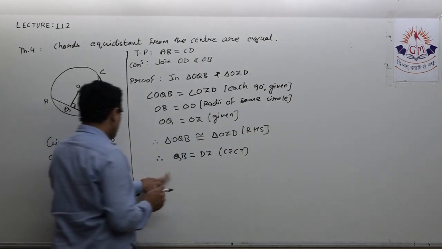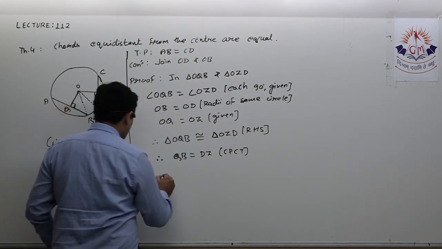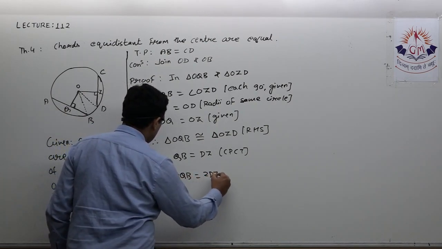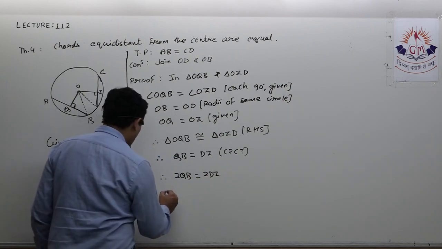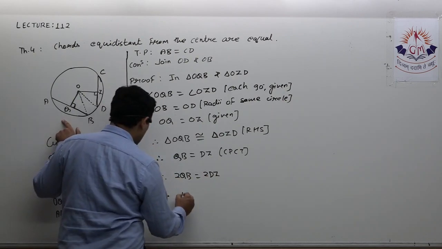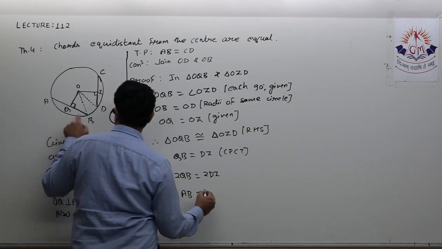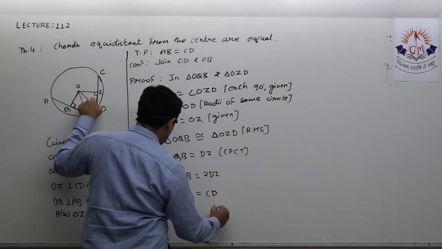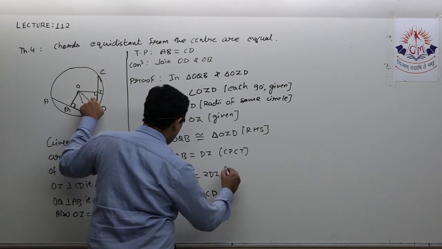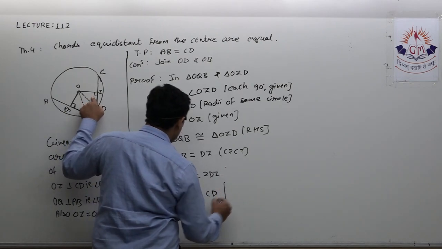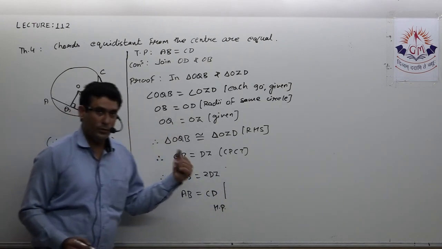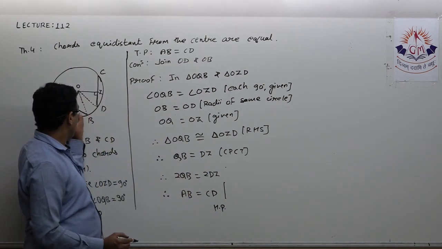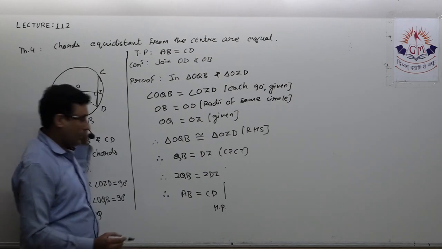Now therefore I can say twice of QB is equal to twice of DZ. Now twice of QB is actually equal to AB, and twice of DZ is actually CD. Hence proof. Over here you have to write a reason that the perpendicular from the center to the chord bisects the chord. As it bisects the chord, twice of this segment will be equal to the whole segment.